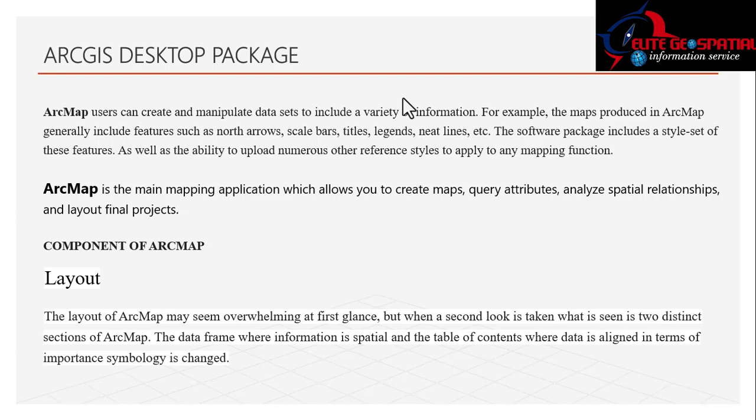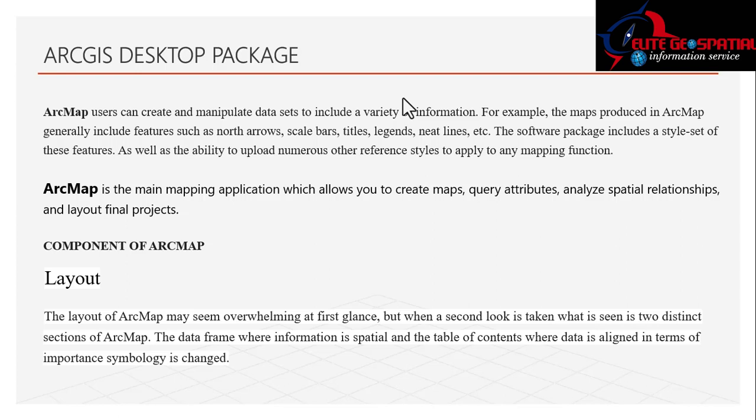The third is ArcMap. Users can create and manipulate datasets to include a variety of information. For example, the maps produced in ArcMap generally include features such as north arrow, scale bar, title, legend, neatline, etc. The software package includes a style set of these features, as well as the ability to upload numerous other reference styles to apply to any mapping function.